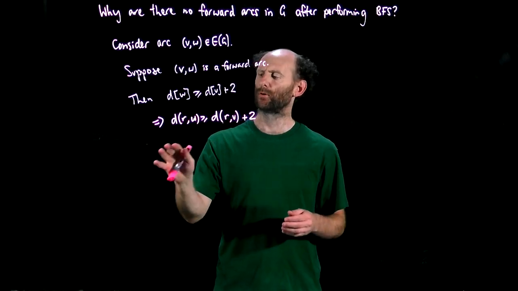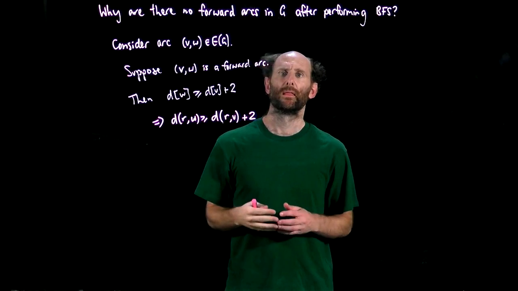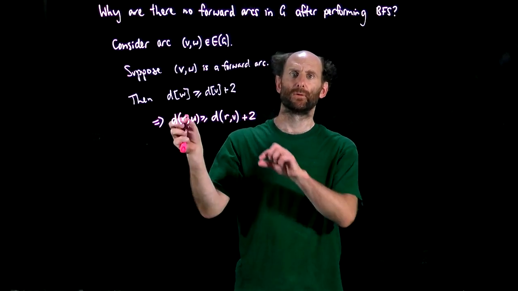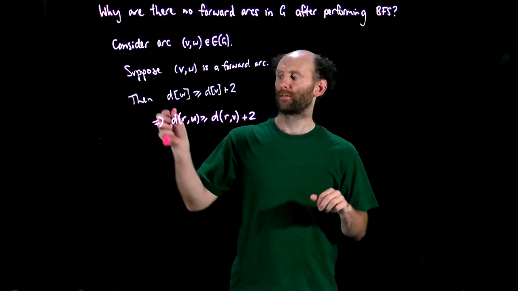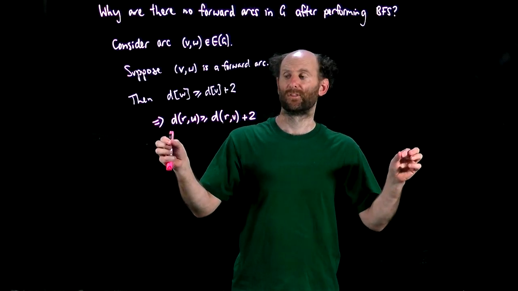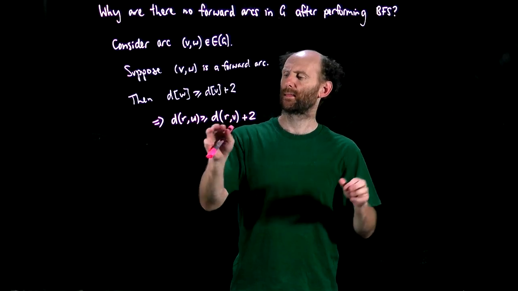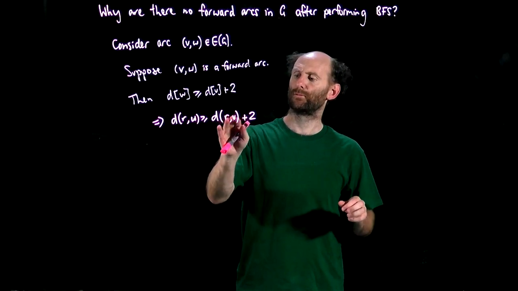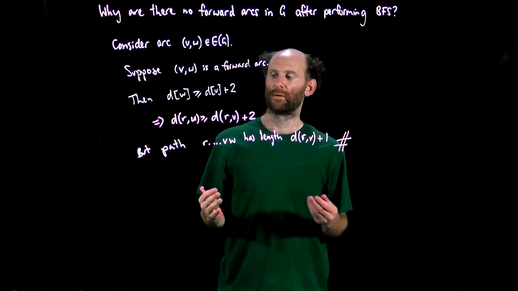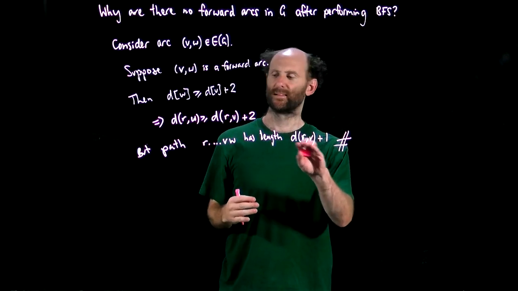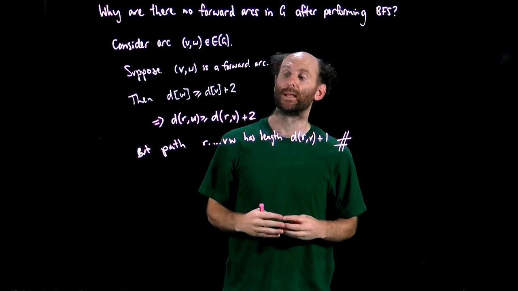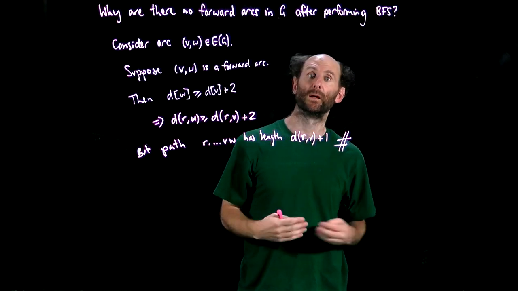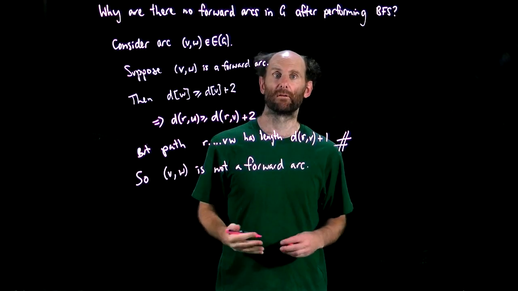But that leads to a contradiction, since the path that goes from the root to V and then across the edge VW is a path from R to W, which has length the distance from the root to V plus 1. So we have a contradiction, as this number is smaller than our supposed minimum, the distance from root to V plus 2. And we have our result.